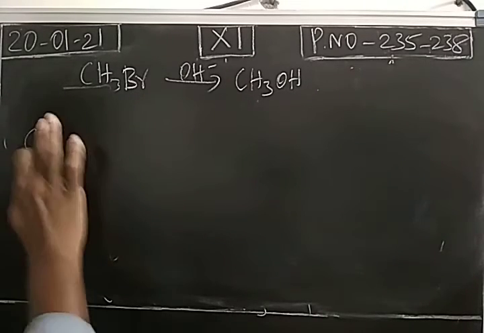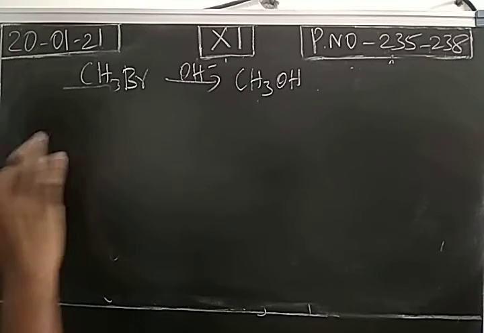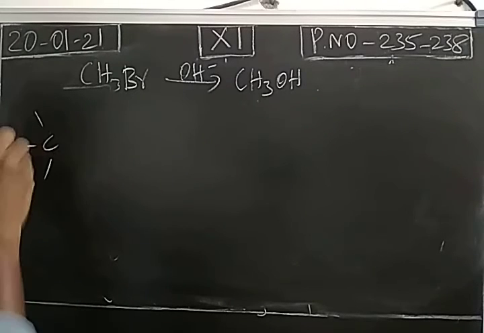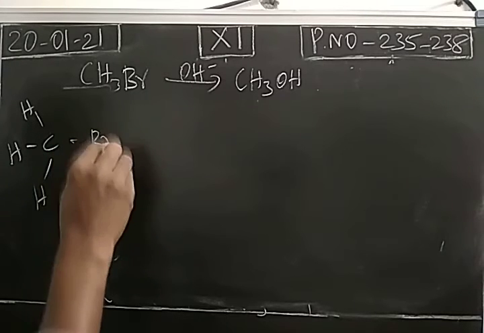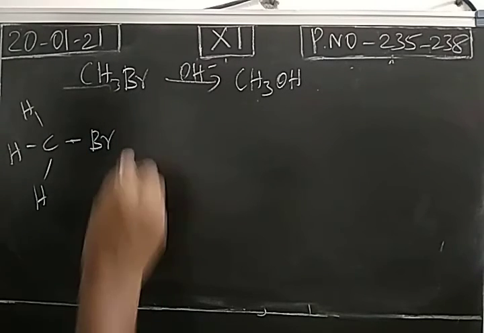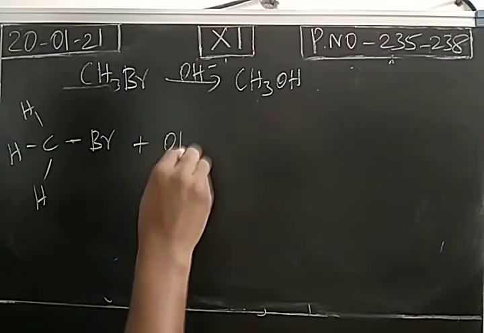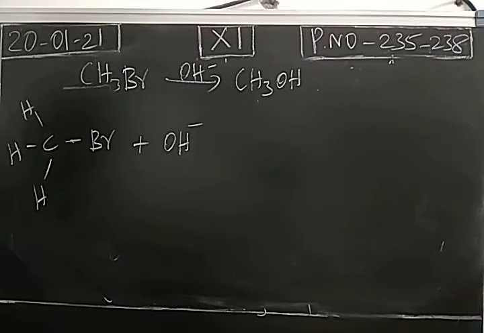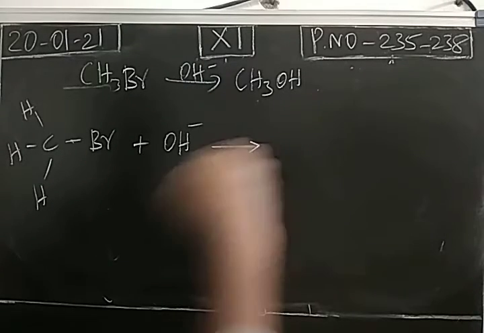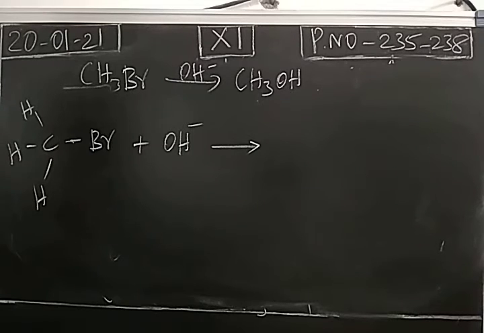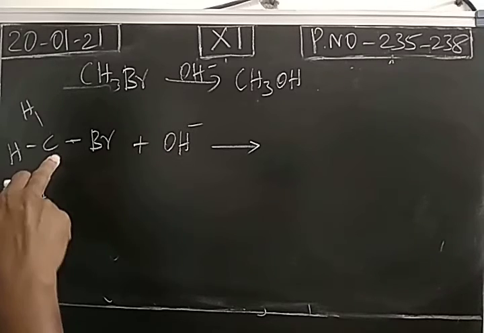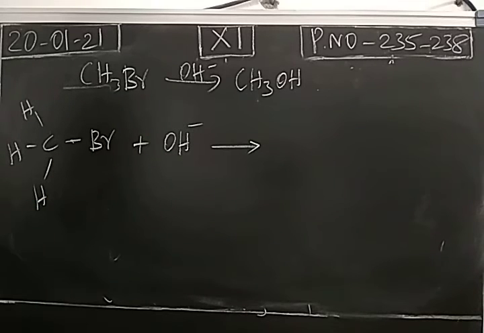First, we have the reactant bromomethane, which is attacked by a nucleophile. So the attacking species is a nucleophile, OH minus, hydroxide ion. Usually this nucleophile will attack the carbon from the back side.